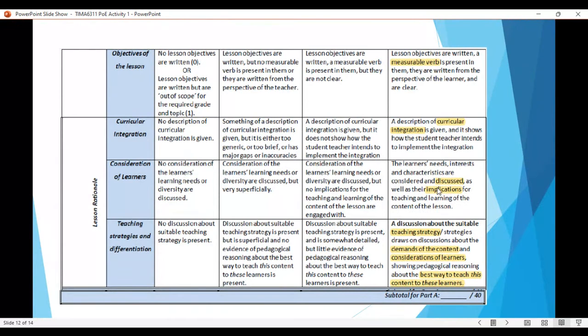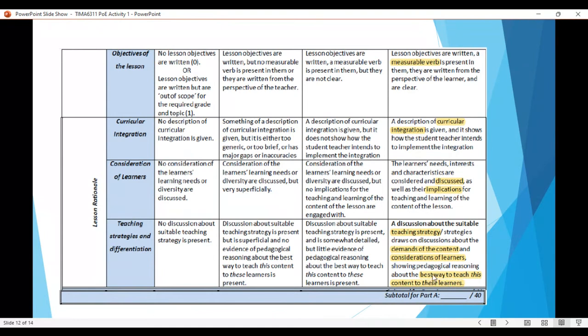Teaching strategies and differentiation in section G, a discussion about the suitable teaching strategy or strategies draws on discussions about the demands of the content and considerations of learners, showing pedagogical reasoning about the best way to teach this content to these learners.